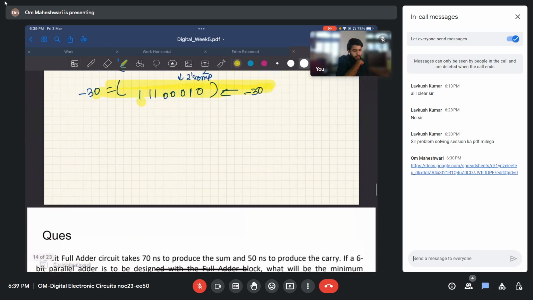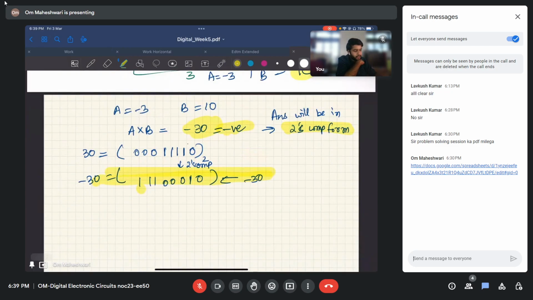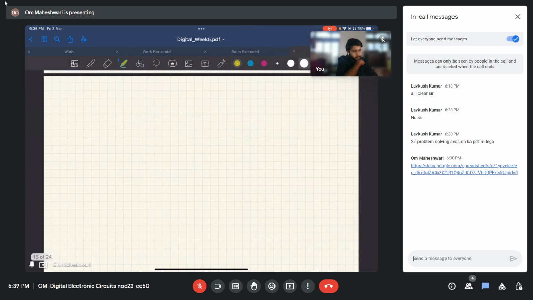If you want, you could do direct multiplication also, but that is very cumbersome.